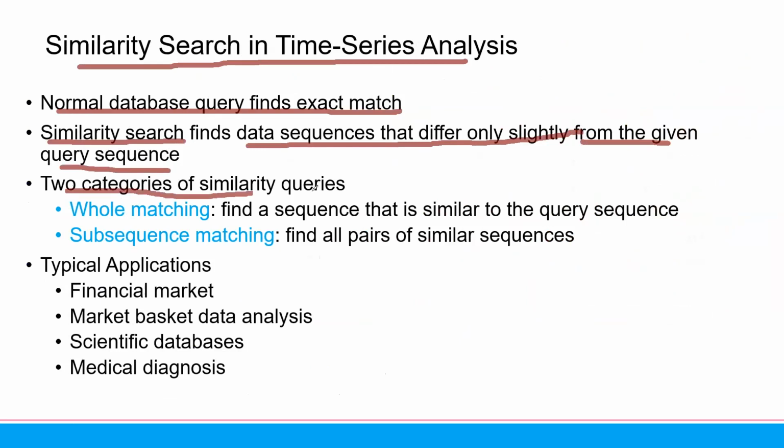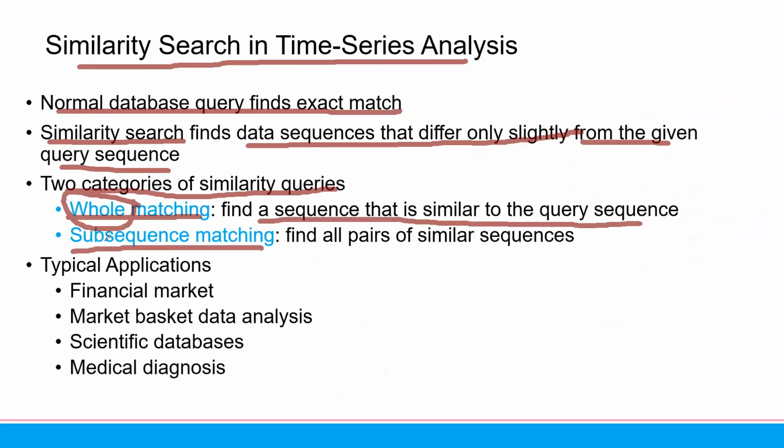So there are two categories of the similarity queries. The first, we call it whole matching. Whole means all data. So we want to check for all the data. Find a sequence that is similar to the query sequence. Subsequence matching.